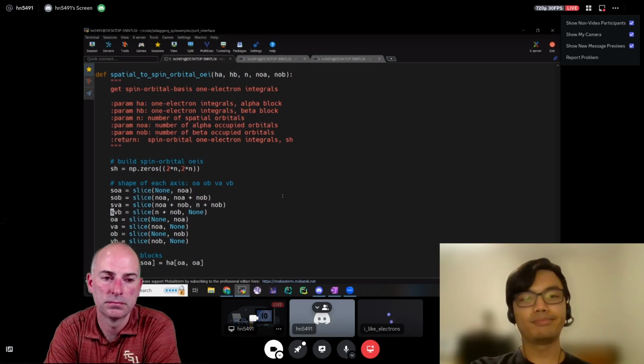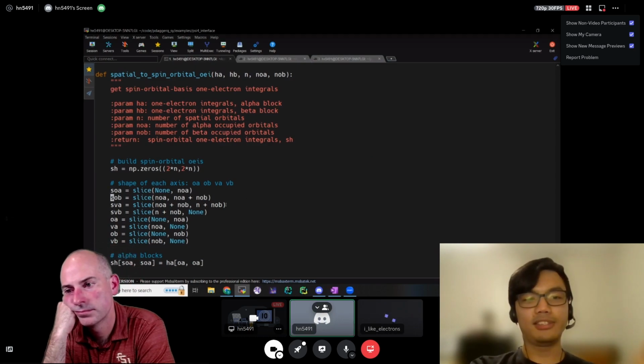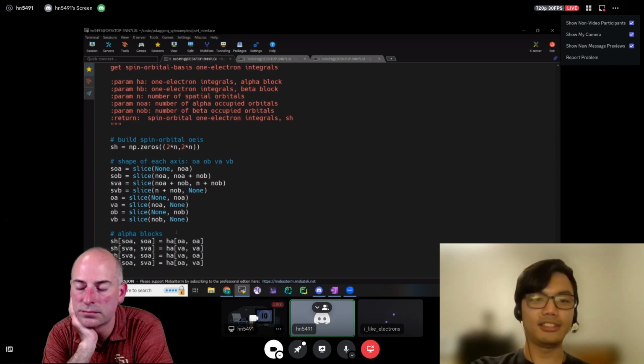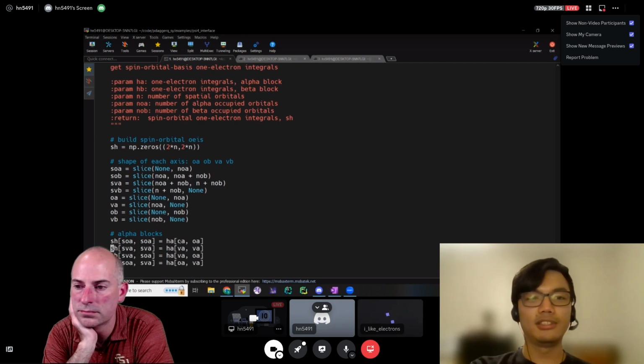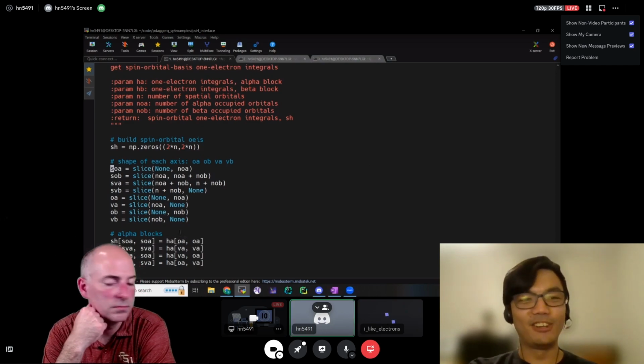A slice is a type of Python object. If you put it inside an index, then it will give you the proper range. For example, in this case, I say SOA, which means spin orbital alpha. Then it goes from 0 to NOA when you put it here. So it acts like a slicing of a list.